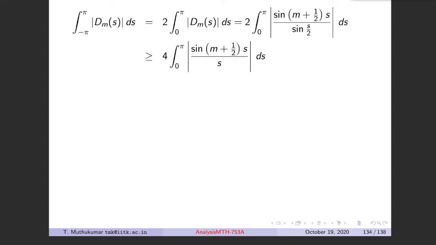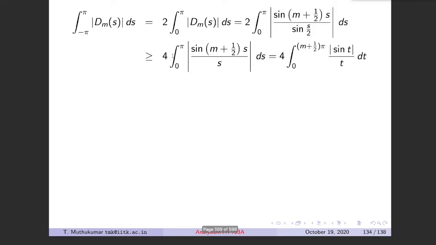So now we use this property here. From this property I know that 1 over mod of sin s is greater than or equal to 1 over s. In this case s is s over 2, so this is greater than or equal to 1 over s over 2, and that 2 goes here and becomes 4.